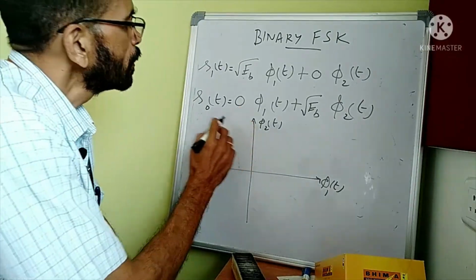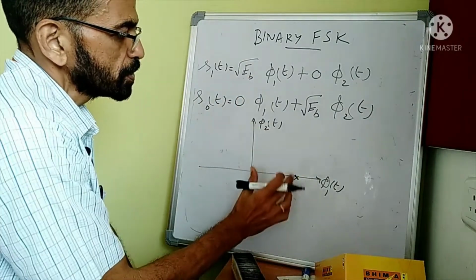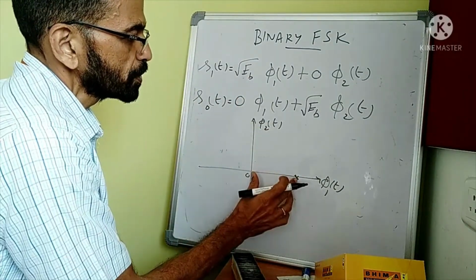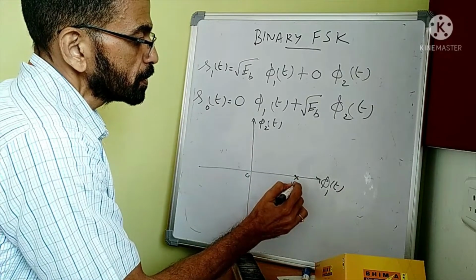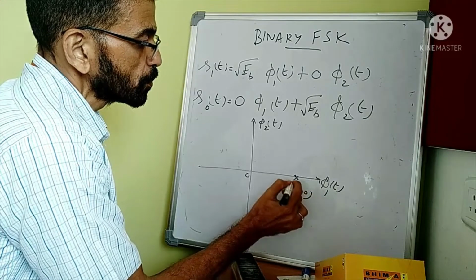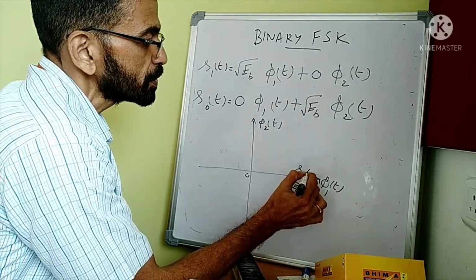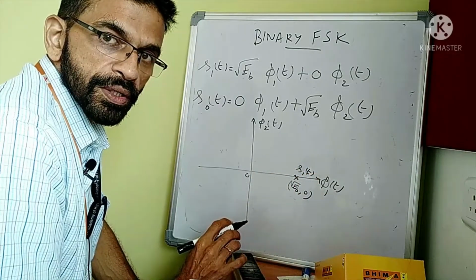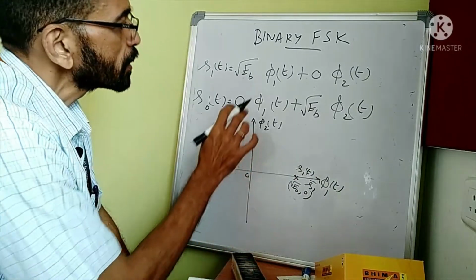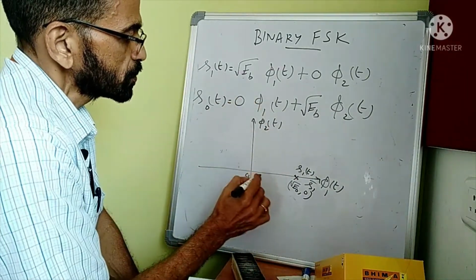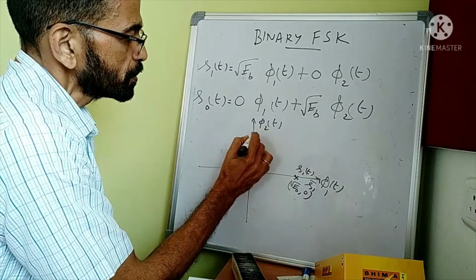And S1t, this is root EB, let's say. So this is 0, root EB. This is the signal point corresponding to the signal S1t. If we want, we can write it as vector S1. And similarly, S0t is phi1t coefficient 0, phi2 is root EB.